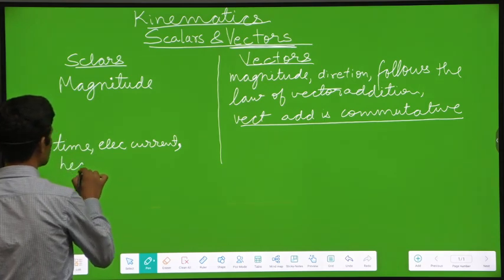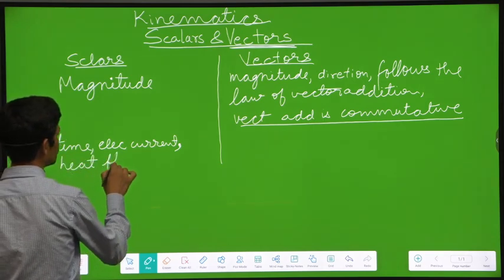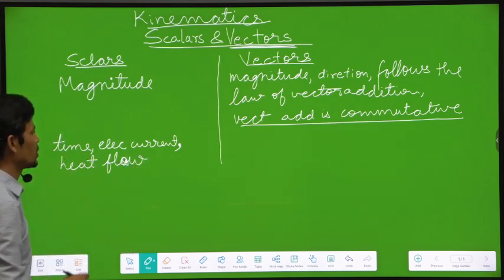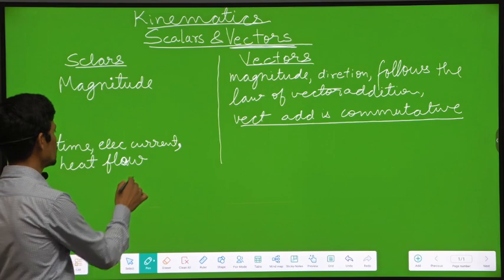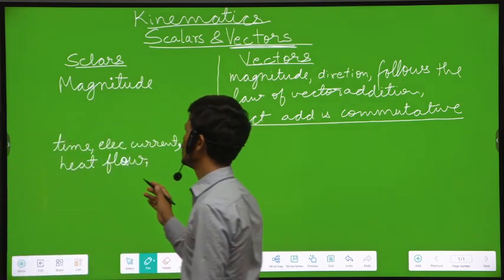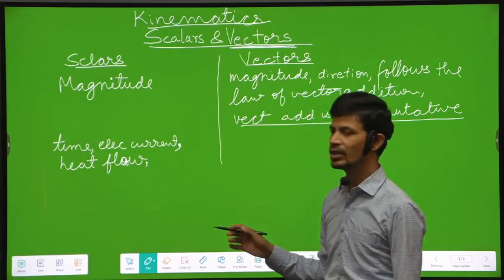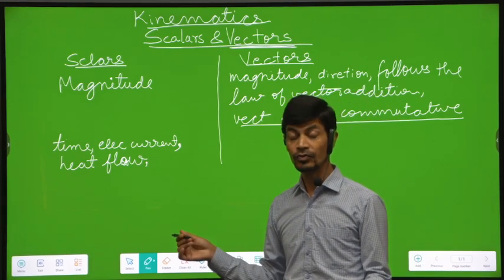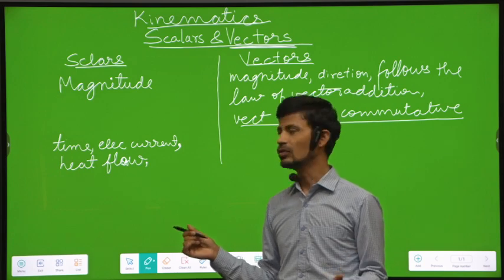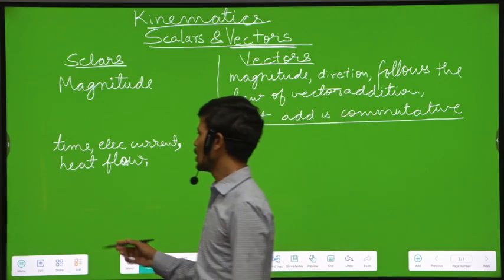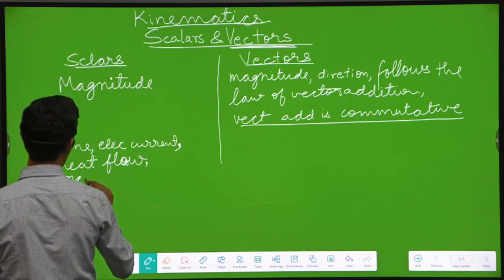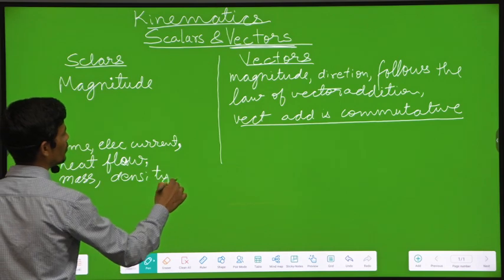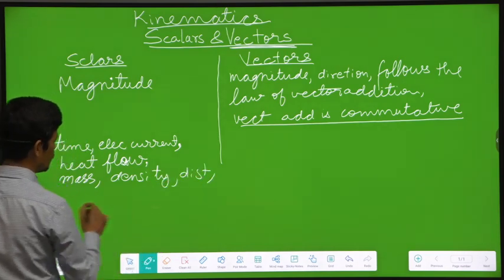Heat flow also has direction, from hot body to cold body. But all of these quantities have magnitude and direction, but their addition doesn't follow the vector addition rule, so they are scalars.